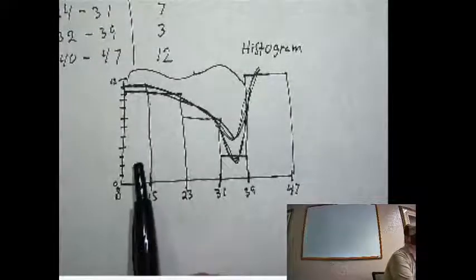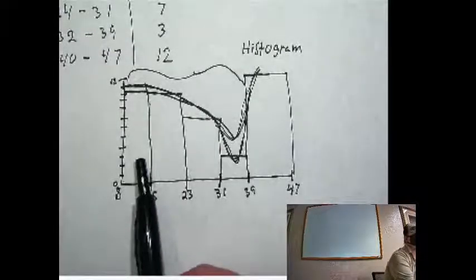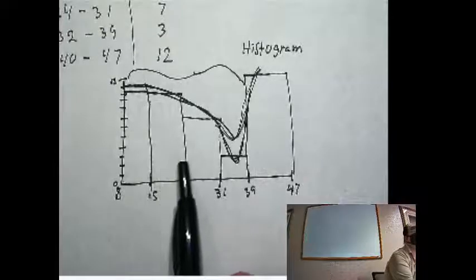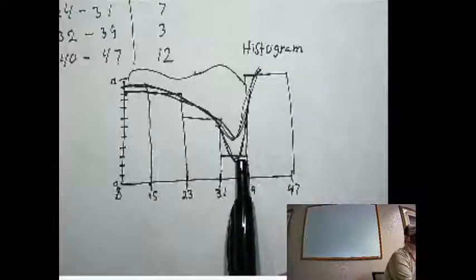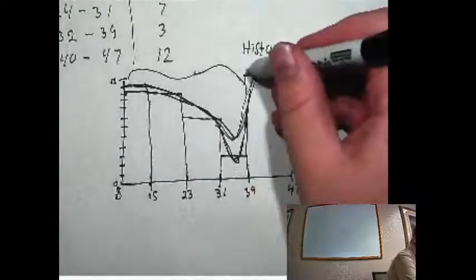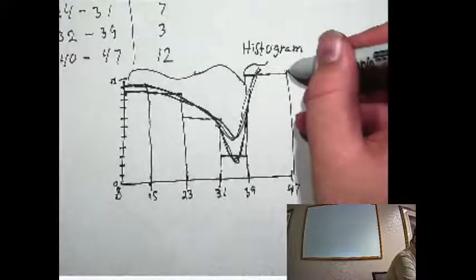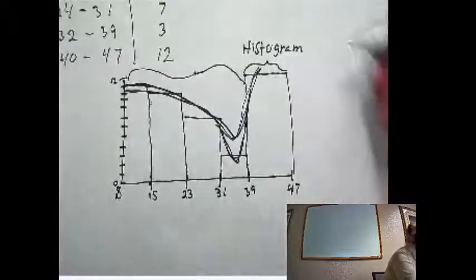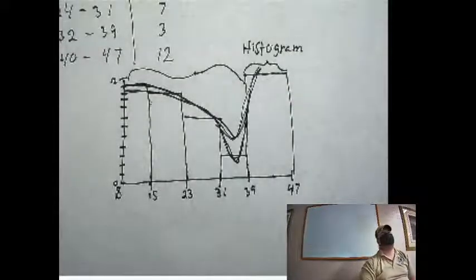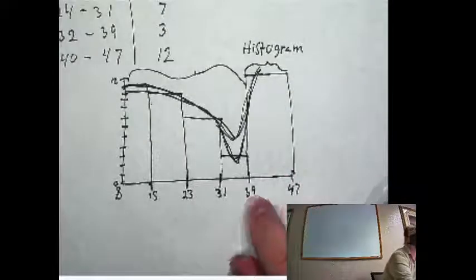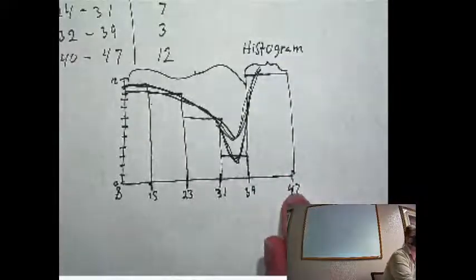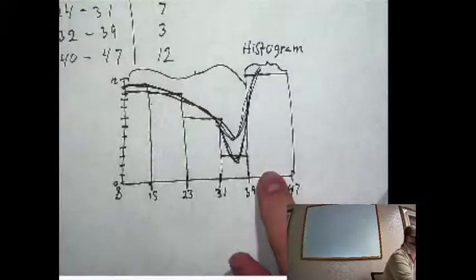You'll have a lot of people that don't spend a lot of time on homework, and then as you slowly increase the amount of time to spend on homework, fewer and fewer people spend that amount of time. Then it jumps up and we have a separate type of student. It's like an overachiever. So 12 people in this class spend 39 to 47 hours a week on homework. That's a lot of time.